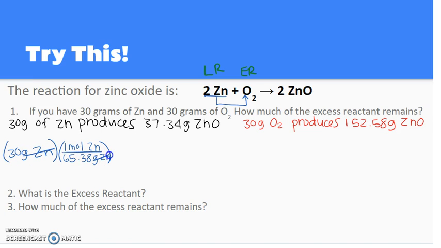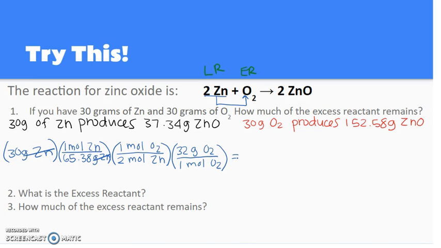Grams of zinc and grams of zinc cancel out. If we're in moles, we can go from moles of one thing to moles of another. That's our mole ratio. For every 2 moles of zinc, you get 1 mole of O2. Again, these numbers come straight from the equation, those coefficients. Now that I'm in moles of oxygen, I can go into grams of oxygen. For every 1 mole of O2, it has a molar mass of 32 grams.